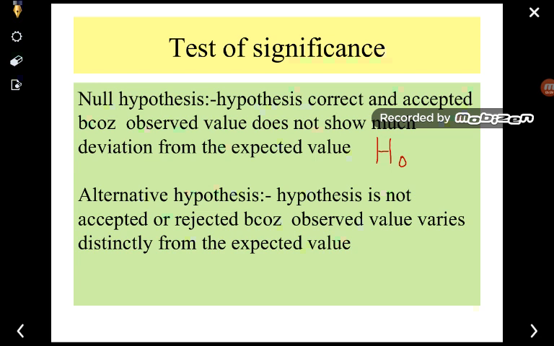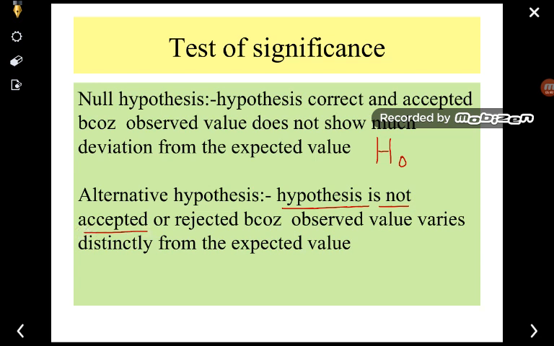First we put forward the null hypothesis: if the observed value is equal to the expected, meaning it is near to the expected value, then we follow the null hypothesis. And one more hypothesis is the alternate hypothesis. In this hypothesis, the hypothesis is not accepted, or it is rejected.